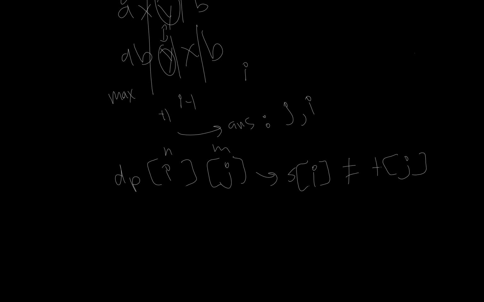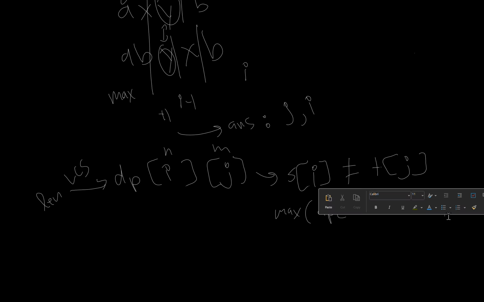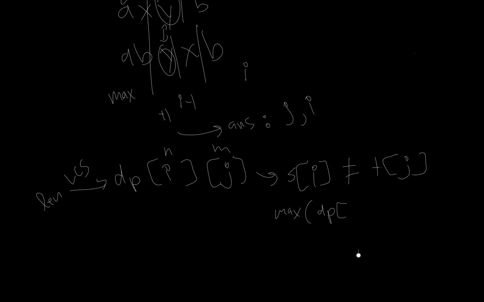So what we do is we take the maximum. It basically just stores the length of the longest common subsequence. Max of dp of I minus 1 and J, or dp of I and J minus 1.